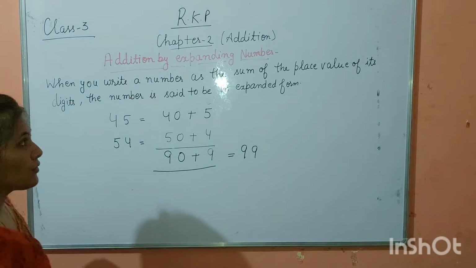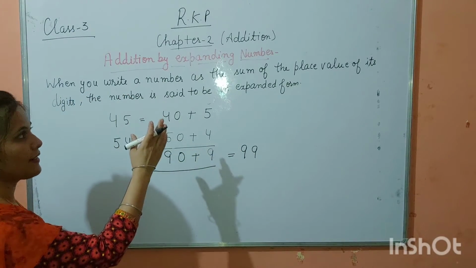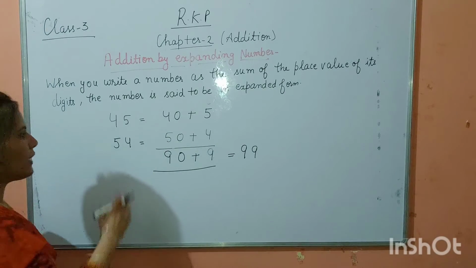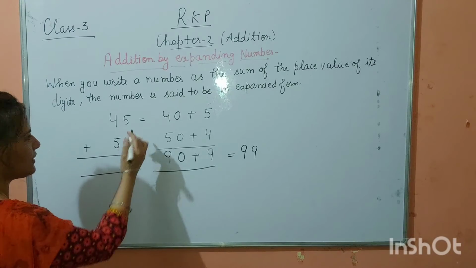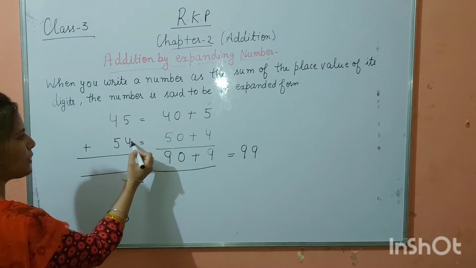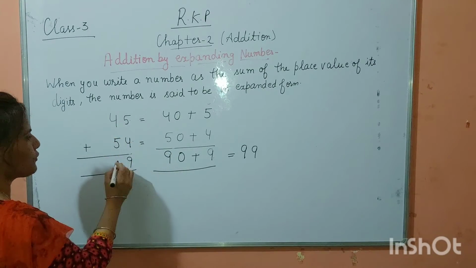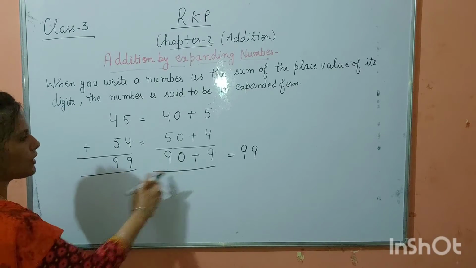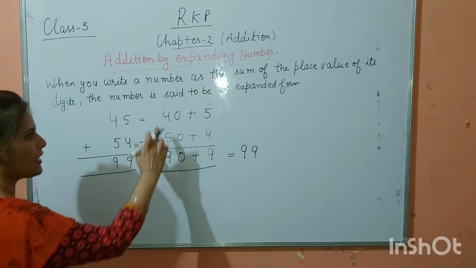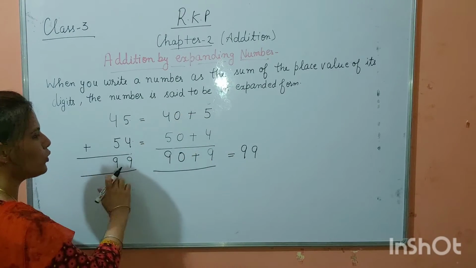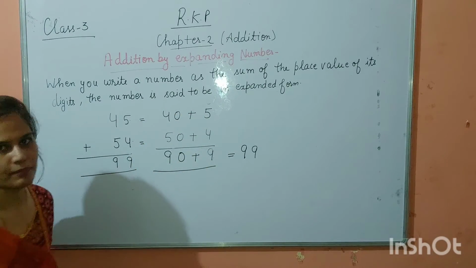So students, with the help of expanding numbers, you can also add. If you add here, your answer will be the same. 5 plus 4, 9 and 5 plus 4, 9. Means both answers are the same. Okay. If you add like this and if you add in expanded form, both answers will be the same.